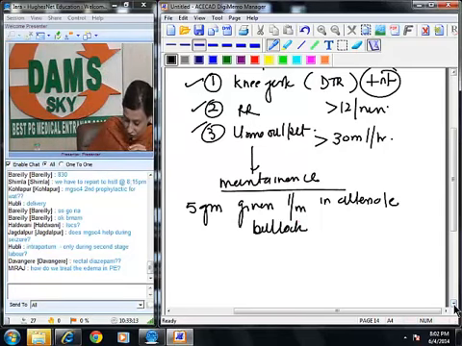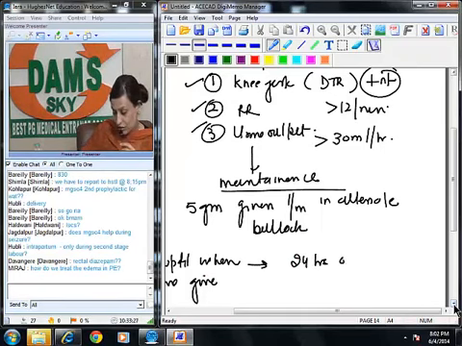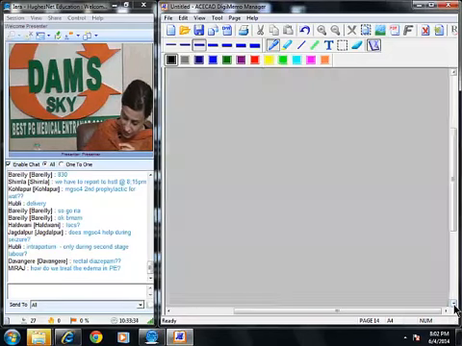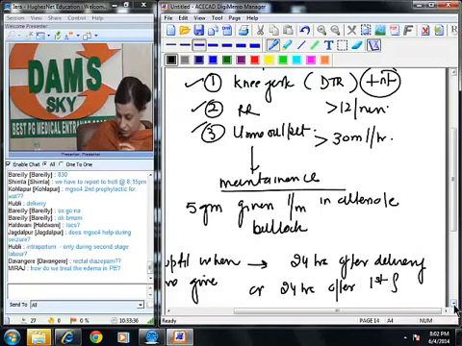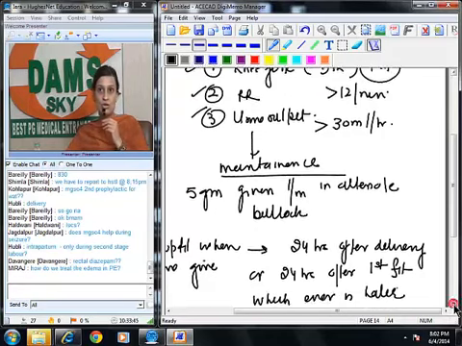Now up till what time do we give it? Up till when do we give magnesium sulfate? So we define it as mag sulf is to be given 24 hours after delivery or 24 hours after the first fit, whichever is later.